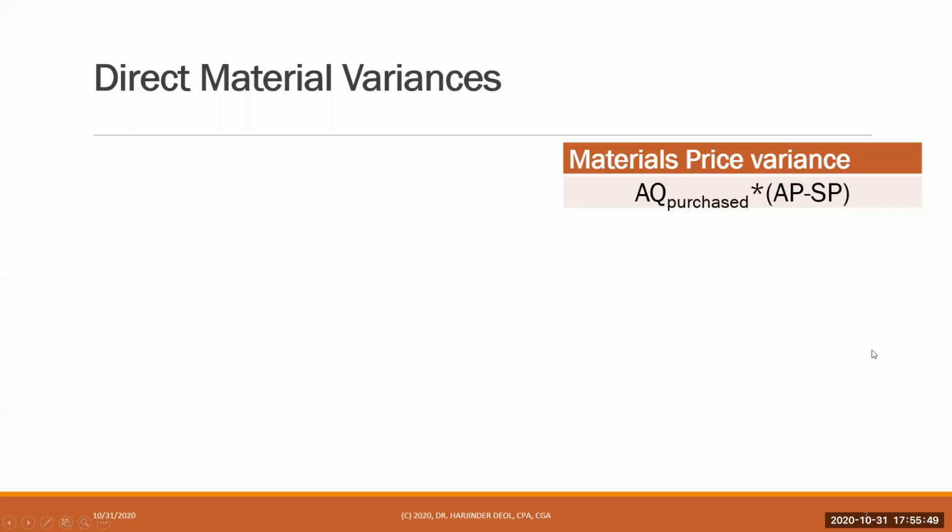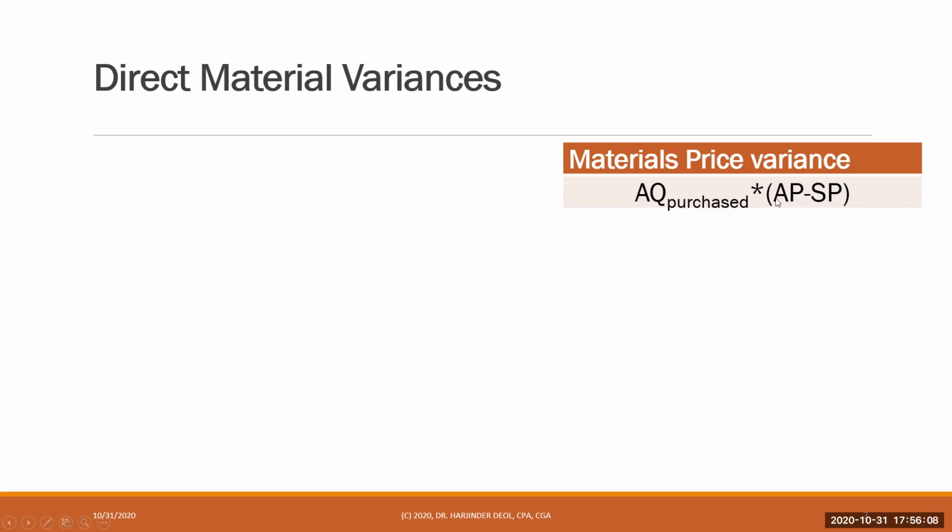So as you can notice here, what's really driving the variance is the difference between the actual price paid for the materials and the standard price.